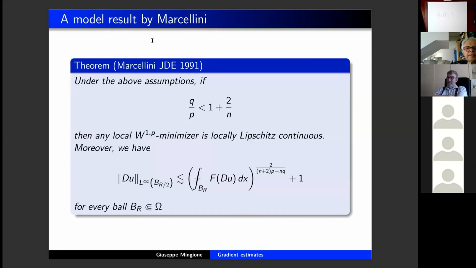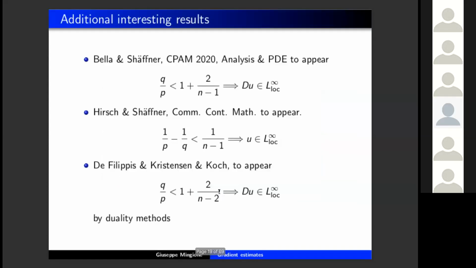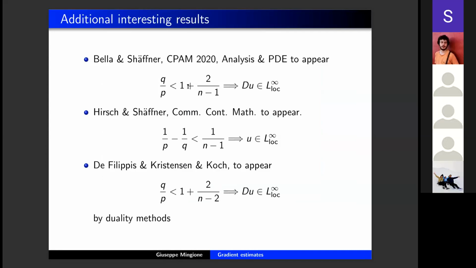So actually, there's been quite a large activity in order to get better results. And let me tell some recent results, for instance, by Bella and Schaffner. There are two very interesting papers by these two authors. I never met them in person. For instance, in the last one, they were able to improve the previous bounds going from n to n minus 1.